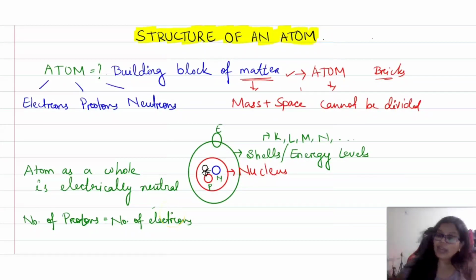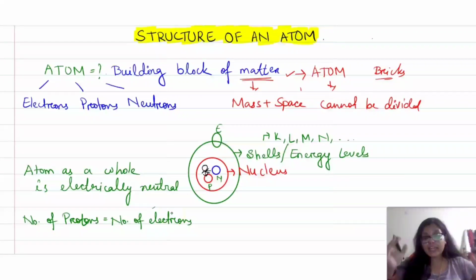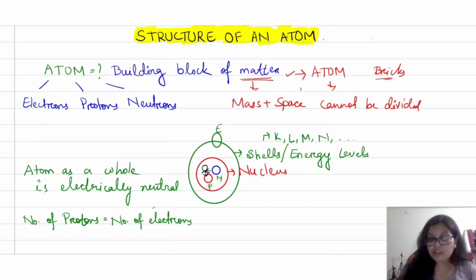In every atom the structure is the same. That makes the atom an electrically neutral substance. Clear? Now coming to the charges, electrons as we know are negatively charged.